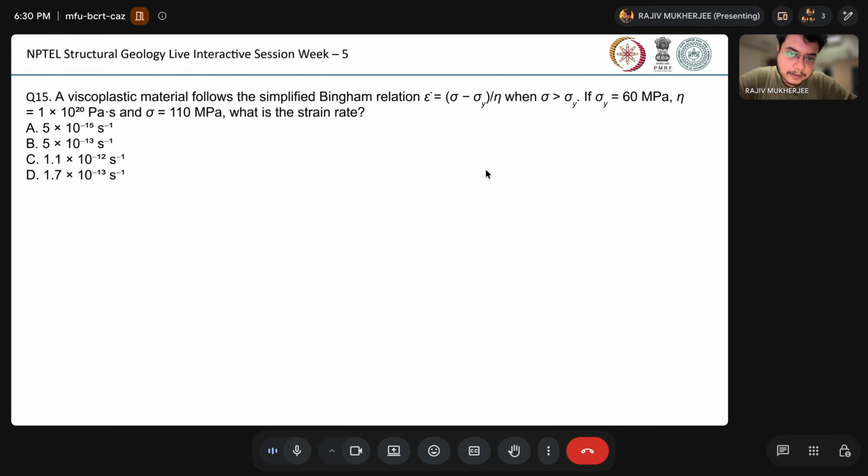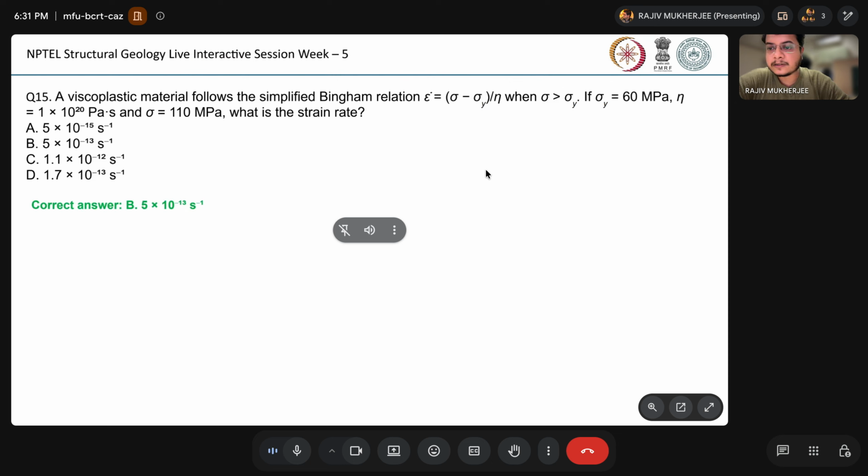The formula is given, and it is essentially the formula defining the viscosity. Viscosity is defined by the stress divided by the strain rate, right? So if you just plug in the values, you will see that option B is the correct answer, which is the strain rate of 5 times 10 to the power minus 13 per second.